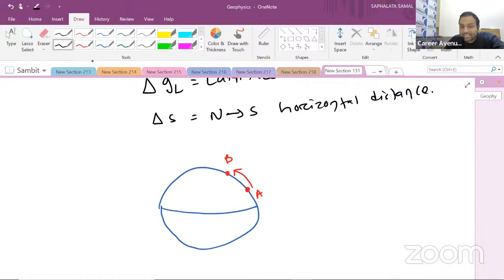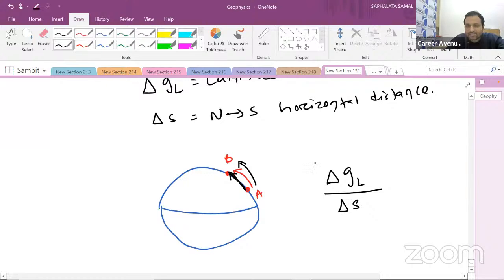So how much is the horizontal distance between A and B? This much distance I covered from A to B on the surface of the Earth, and this much gravity value changed. So to correct that, δGL, that means the latitude correction, by δS will be given as 0.811 sin 2φ.